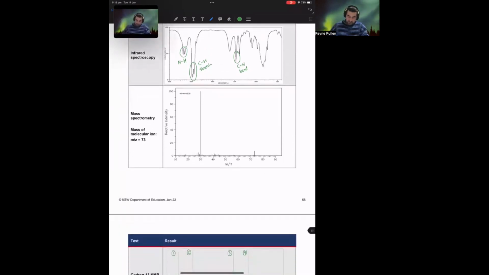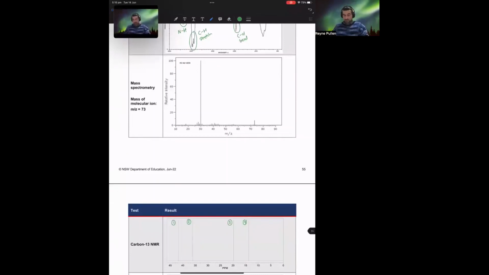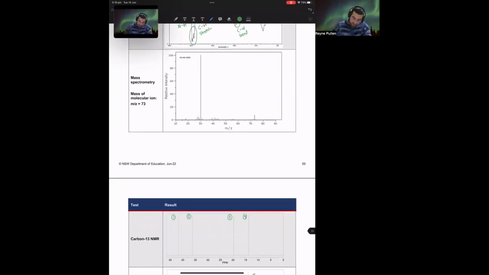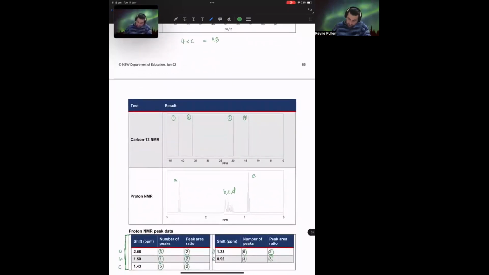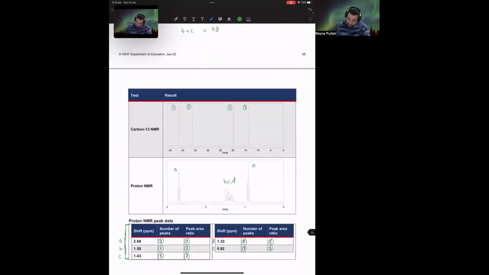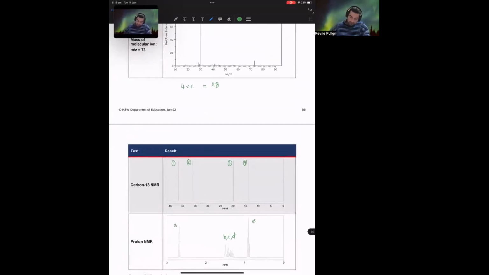So let's then look at our mass spec. As I've done before, I'm going to assume that I have the simplest ratio of carbons and hydrogens as per the carbon and proton NMR. So let's say that we've got 4 carbons, which would give us 48. If we come down here to our protons, if we count the number of peak area ratio numbers, we've got 2, 4, 6, 8, 11.